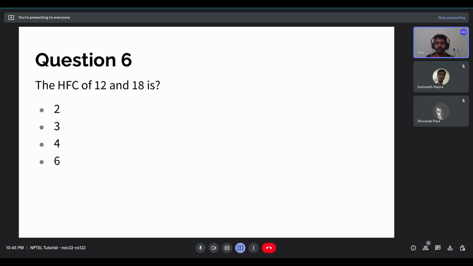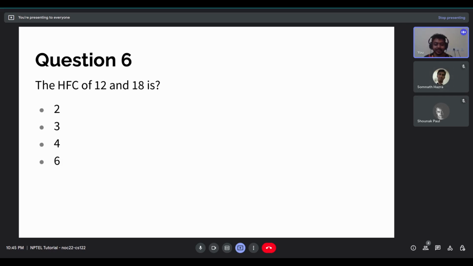And so question 6. The HCF of 12 and 18. Anyone wants to answer this question? Again, you can write down the prime factors and find the highest common factor. Sorry, it's HCF, highest common factor. 6.